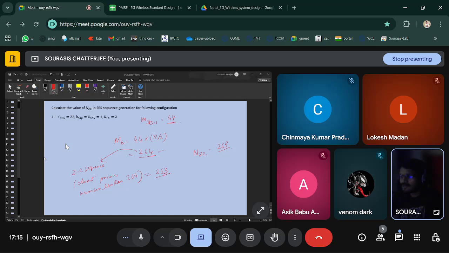So I'm expecting that tables will be given if something of that sort comes. For example, in LDPC graph encoding, if a question comes regarding the lifting size, it will have to be provided, because you cannot remember all the Z_c values, that's impossible.